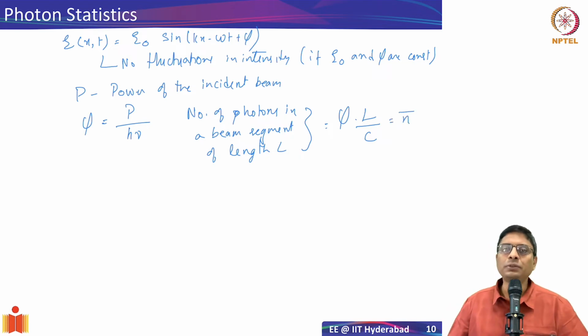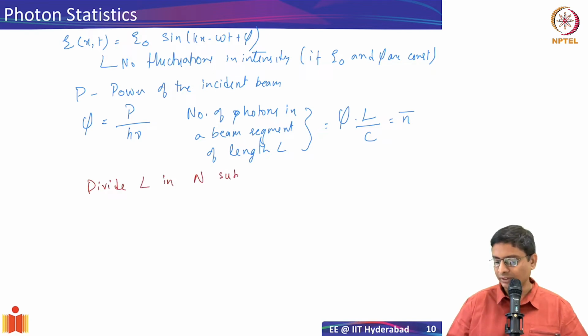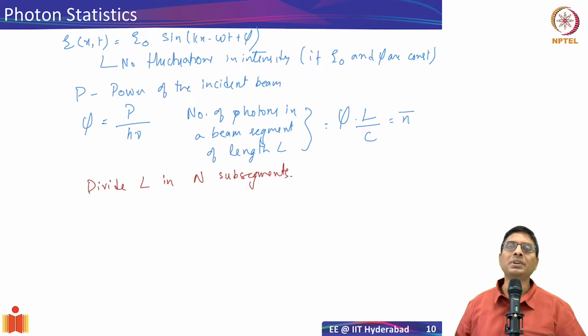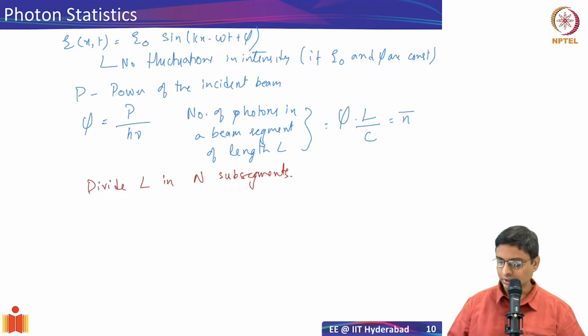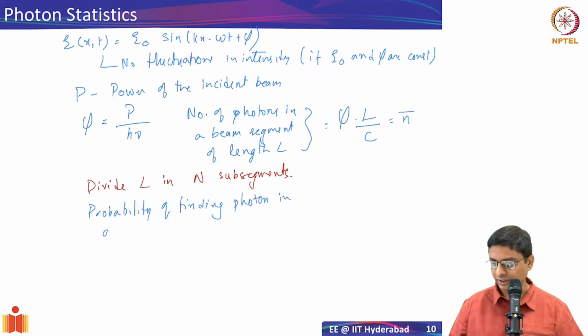Now, if you divide that into n segments, so you divide L into n subsegments, what is the probability of finding a photon in a particular segment?